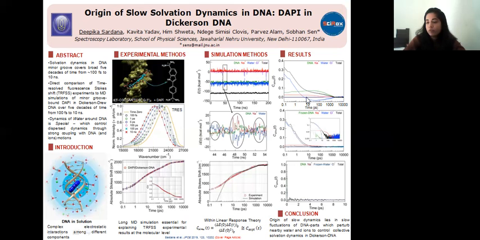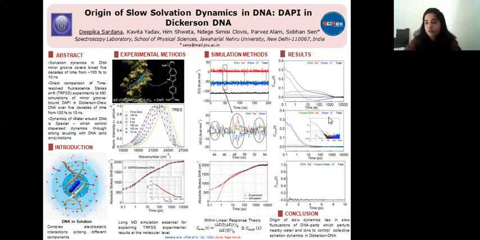Now to find out whether it is really so, what we did is we froze the DNA fluctuations, keeping other atoms free. So what we see is that on freezing DNA fluctuations, the long-term dynamics beyond 100 picoseconds is completely eliminated. So this means that the coupling of water and DNA was giving rise to this long-term dynamics.